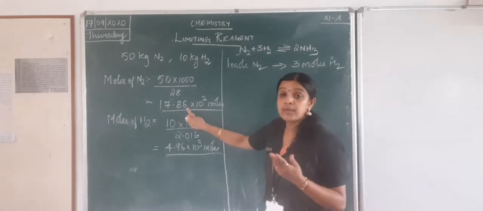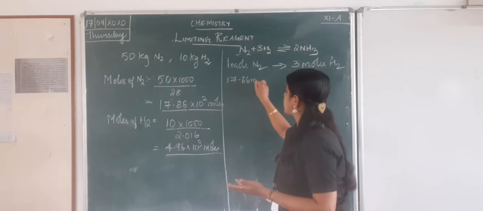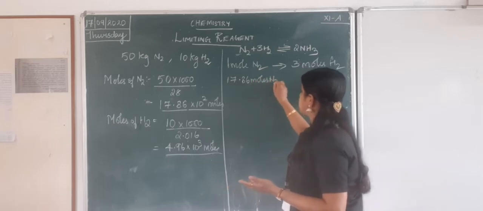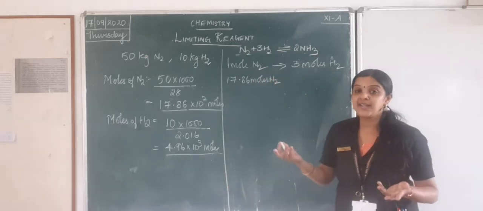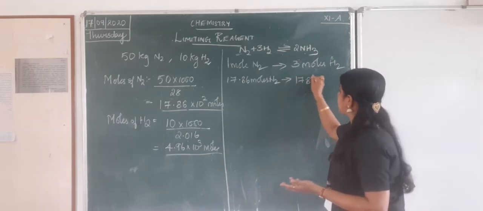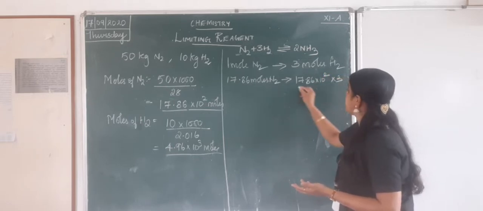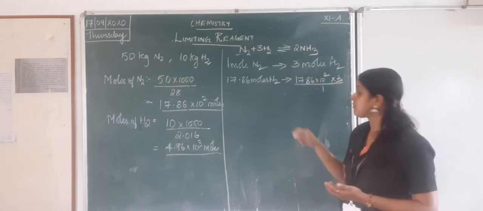So how many moles did we calculate here? 17.86 moles of nitrogen need how much hydrogen actually? So that we will calculate by 17.86 into 10 power 2 into 3 divided by 1, right?